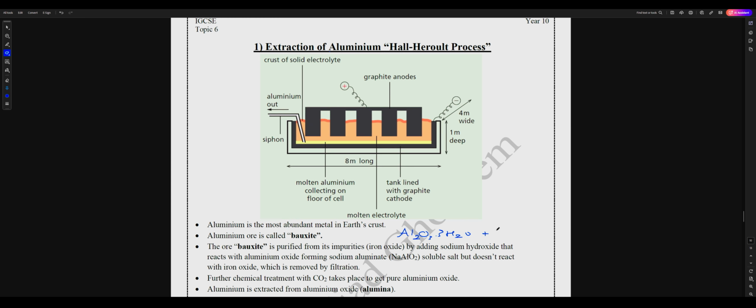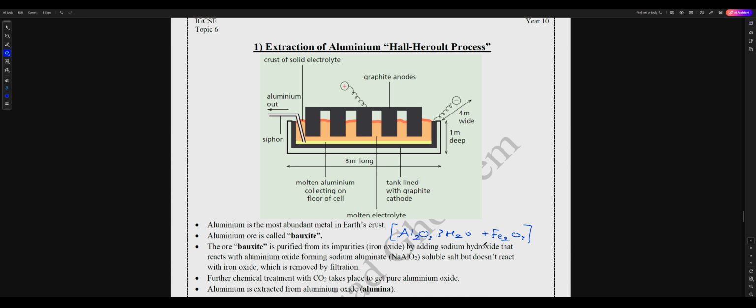And the most important impurity that we have would be iron oxide, Fe2O3. And by the way, you don't really need to know this formula by heart. I'm just giving it to you for general knowledge.